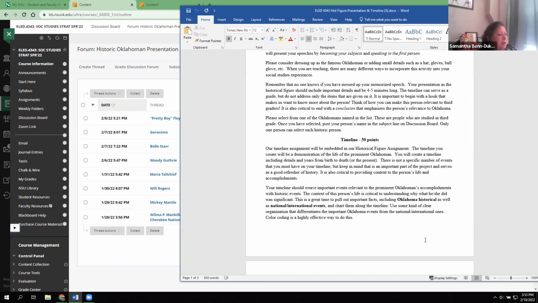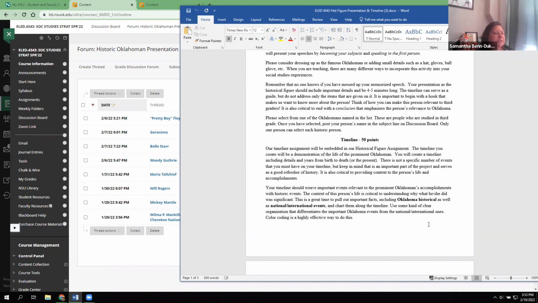So something that I recommend with this is color coding. That's an easy way to differentiate between the person's life events, Oklahoma events, and then national or international events. But how you differentiate from that is up to you.